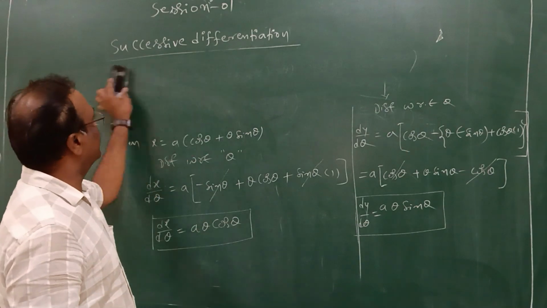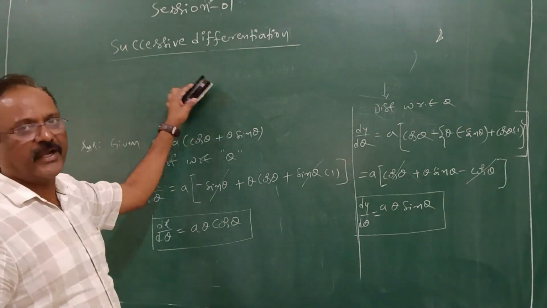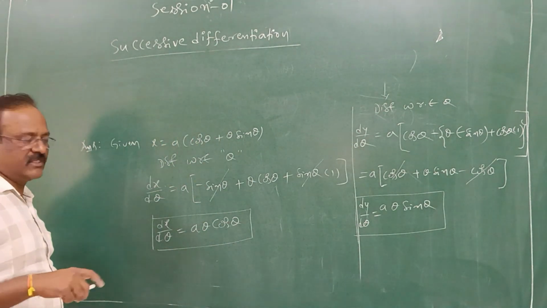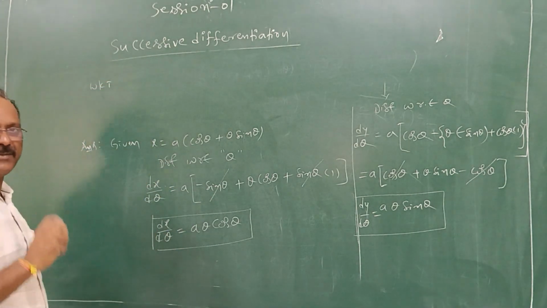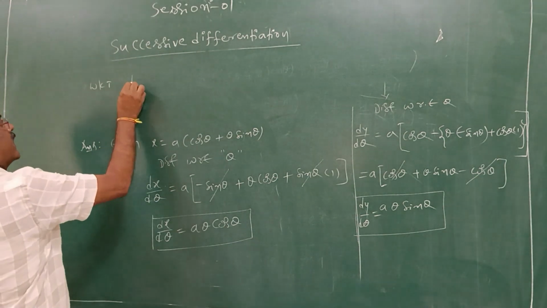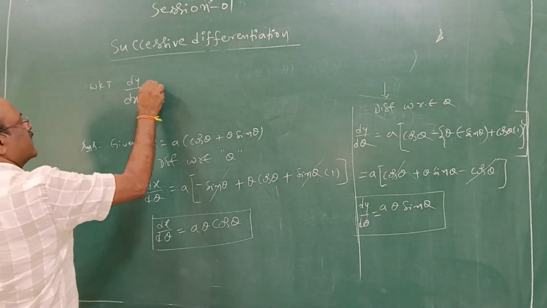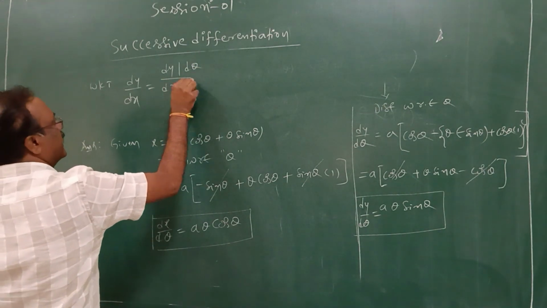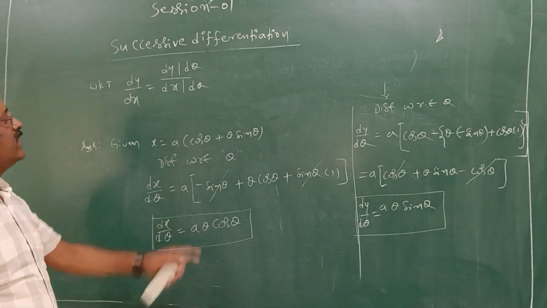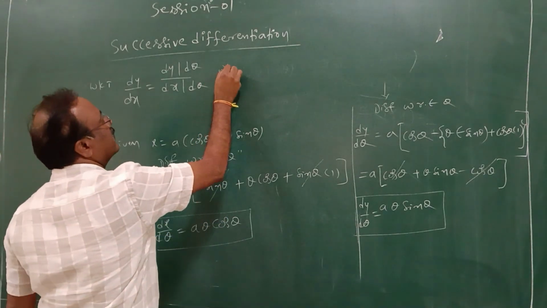Actually, I need y2. Before finding y2, I want to find y1, the first order derivative. Already we know that when theta is the parameter, dy by dx becomes dy by d theta divided by dx by d theta.